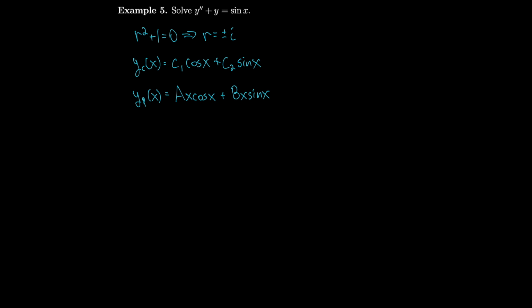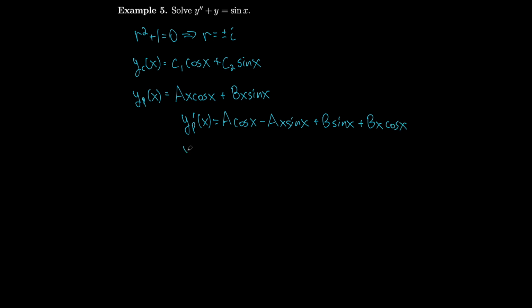We'll take our derivative so that we can see what these coefficients are. And we get a cosine x minus ax sine x plus b sine x plus bx cosine x.